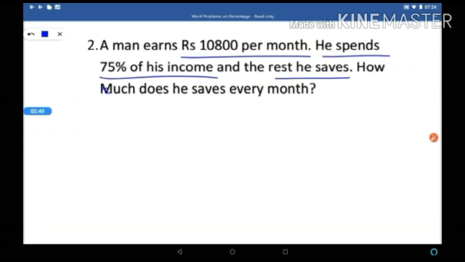A man earns rupees 10,800 per month. He spends 75% of his income and the rest he saves. How much does he save every month? Solution.